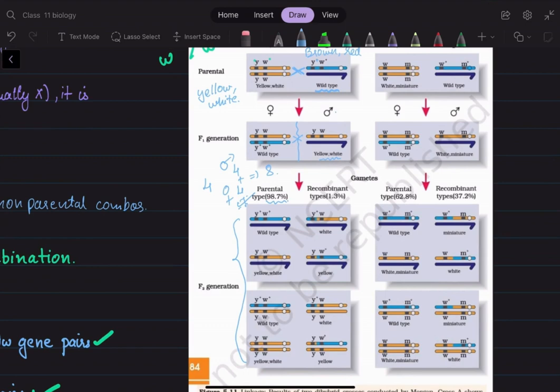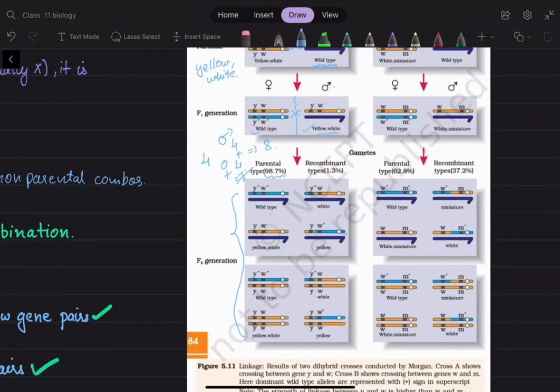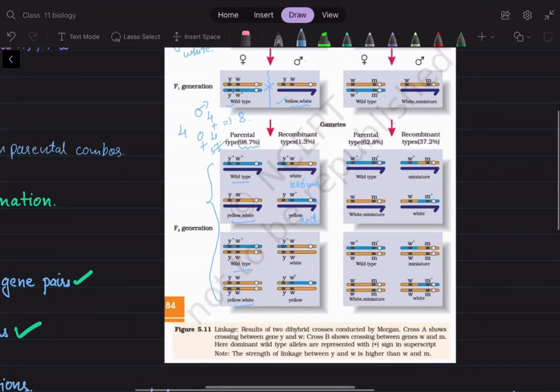The parental types are the wild type or the yellow white combination. These were mostly seen, whereas the non-parental combinations like white eye and brown body, or yellow body with red eye, were not seen much, only 1.3%.